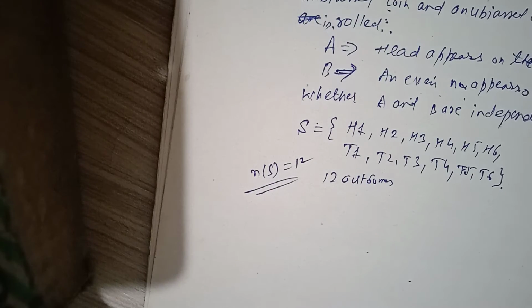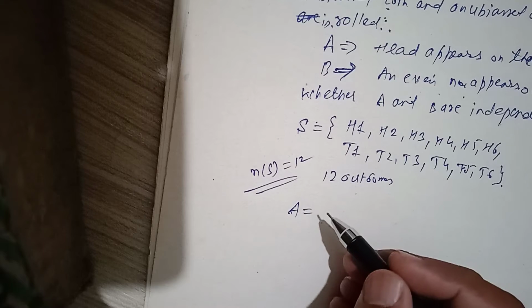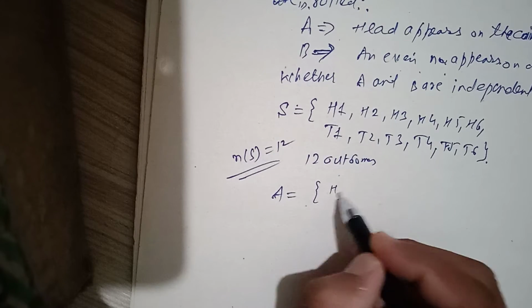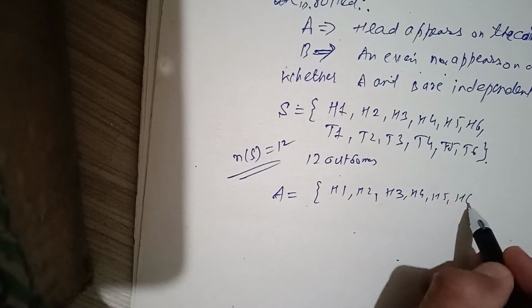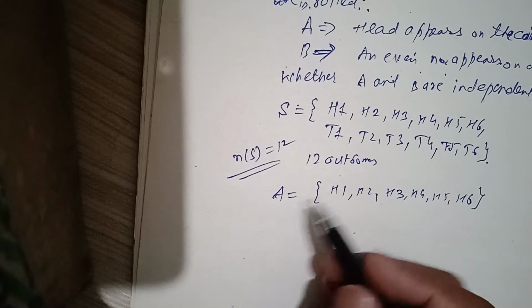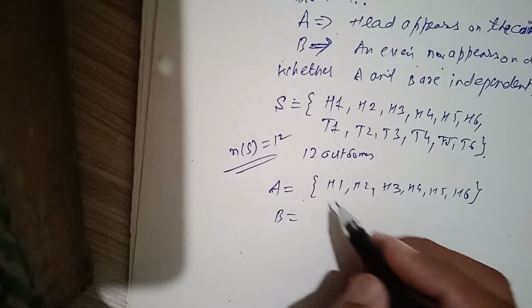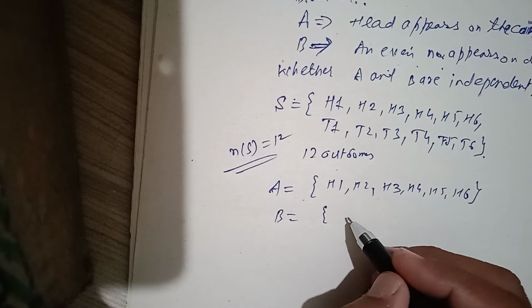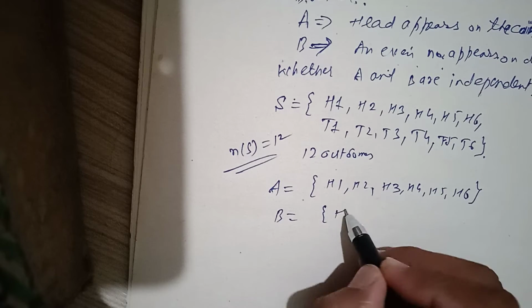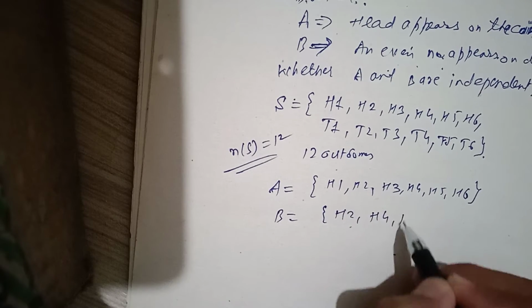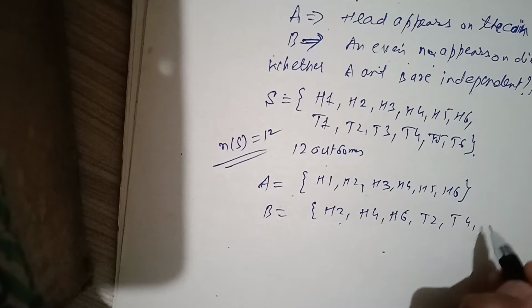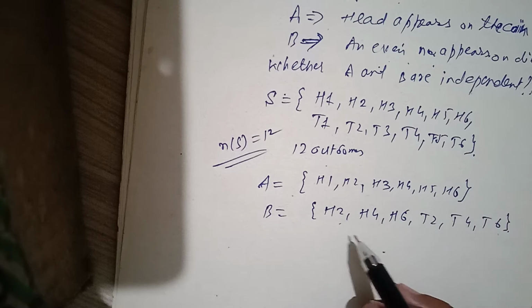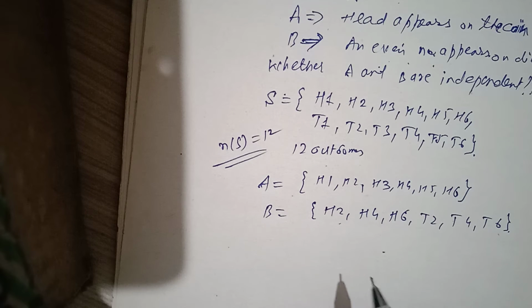Now, A is an event in which head appears on the coin, so that means H1, H2, H3, H4, H5, H6. And in event B, an even number appears on the die. So we can have H2, H4, H6, T2, T4, T6, because they are bothered about an even number, whether it is coupled with head or a tail.